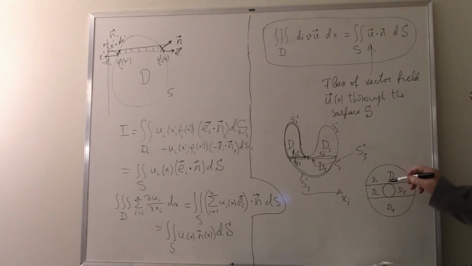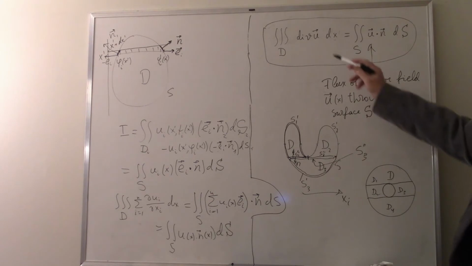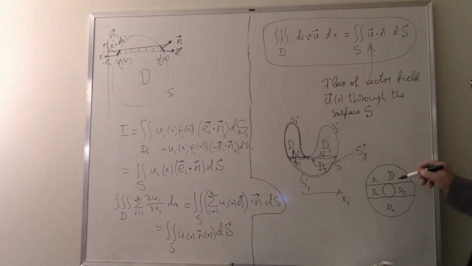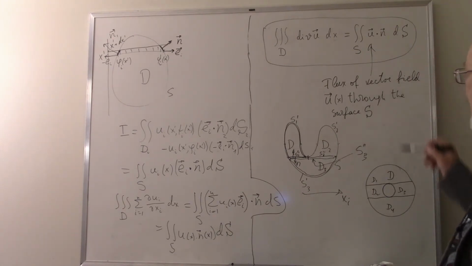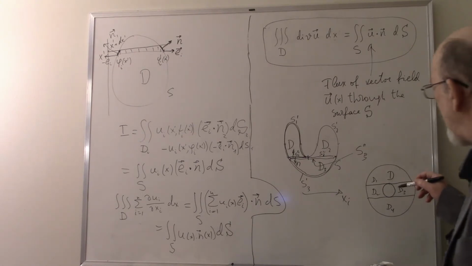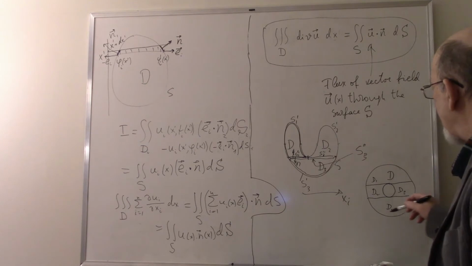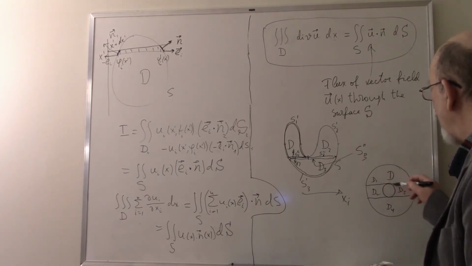And again, you find that the left-hand side, the integral of divergence, is the sum of the integrals of divergence over D1, D2, D3, and D4, because the integral of a scalar function has the property of additivity. And on the right-hand side there remains only the contribution of the external piece of boundary and the internal piece.